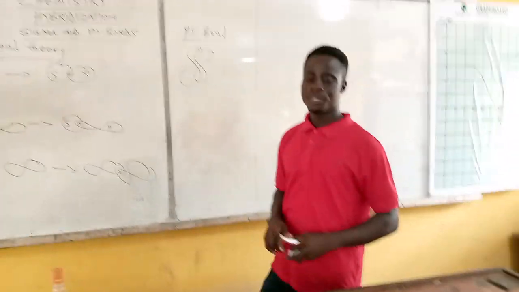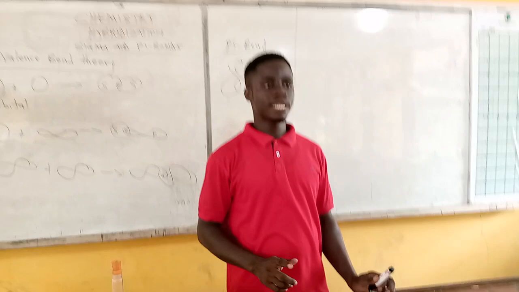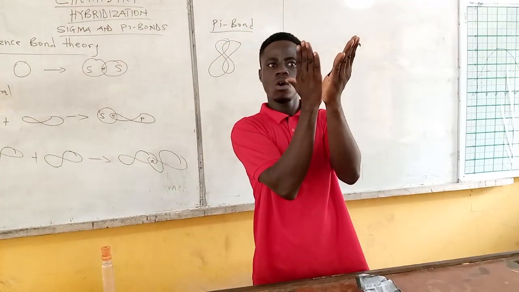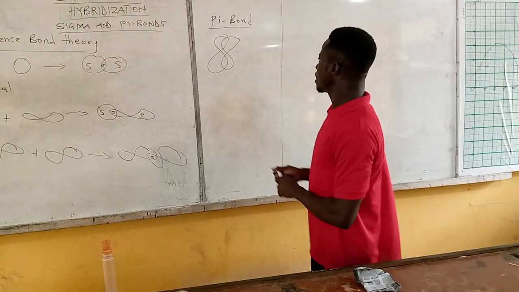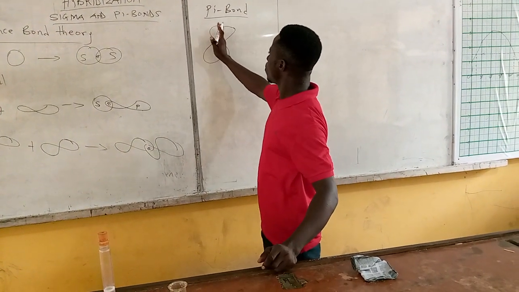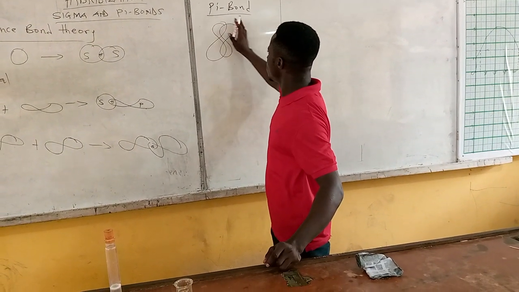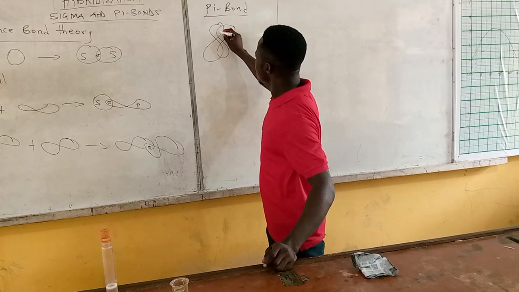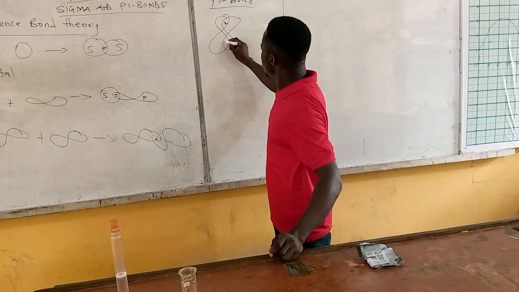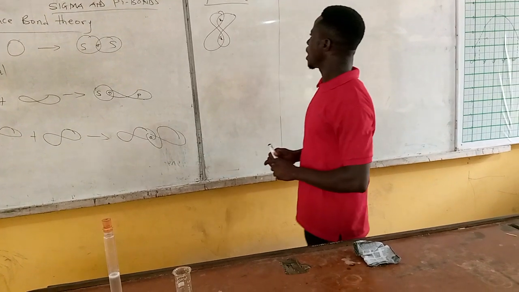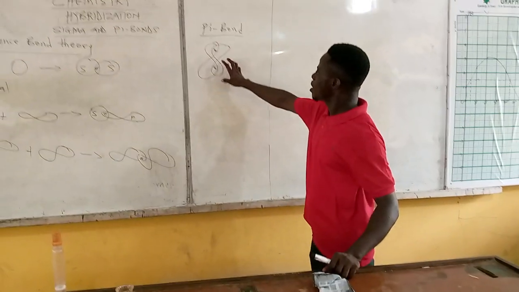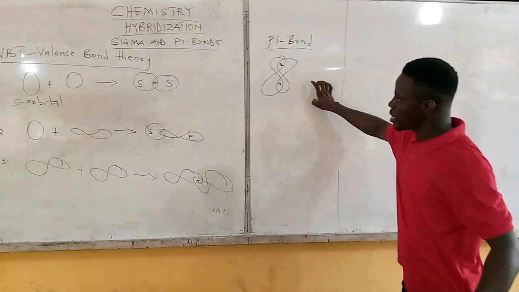A pi bond is only formed when there is a sideways overlap. Sideways means, in this case, there is only one side here. This is a p orbital with another p orbital, forming only one sideways mixing. So in this case, it is formed when we have a p and a p.